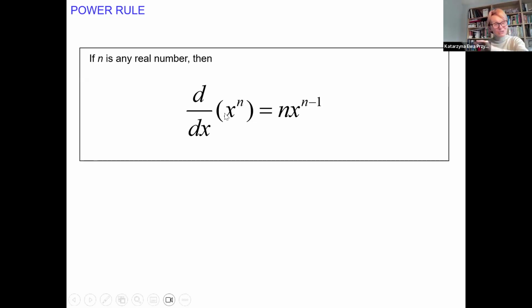I'm not really proving this, but the rule works for any real number n. It's still called the power rule, but it's not really a power function.